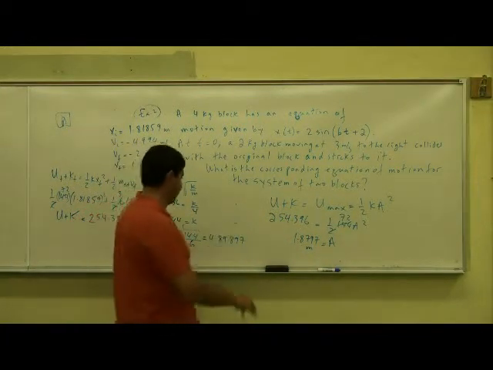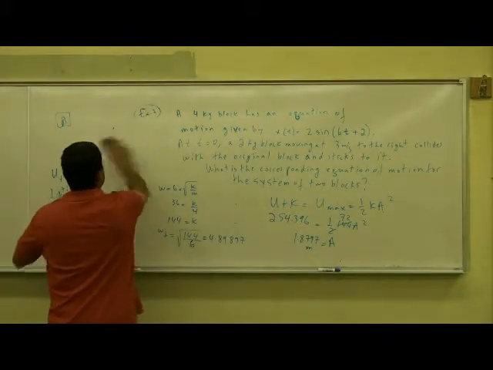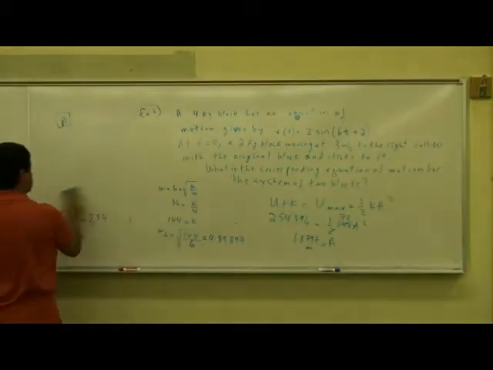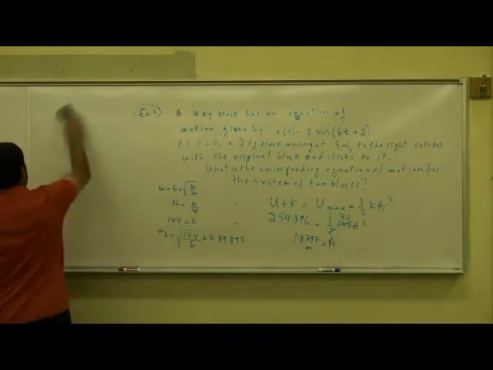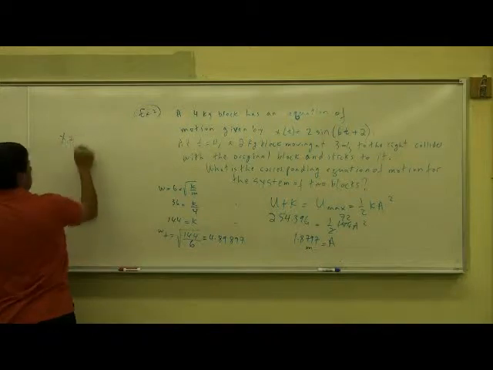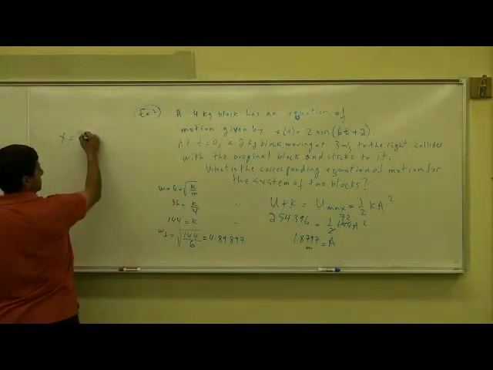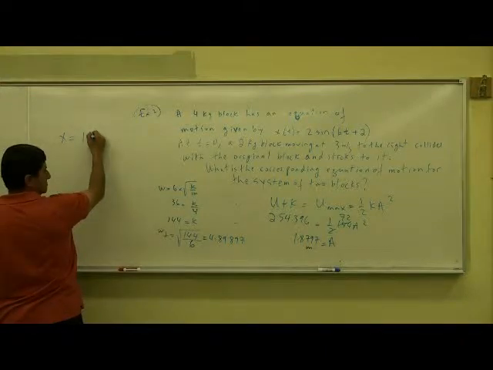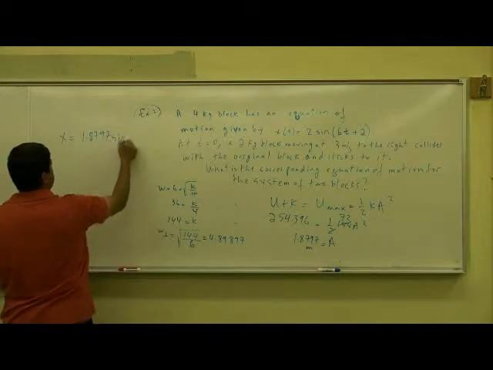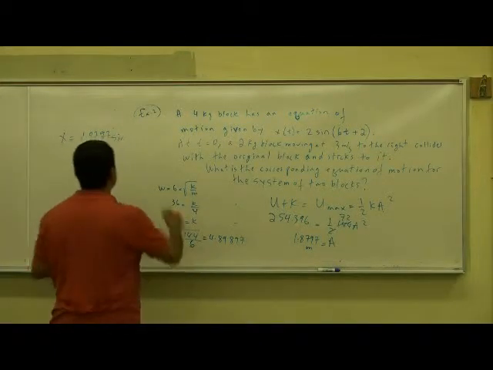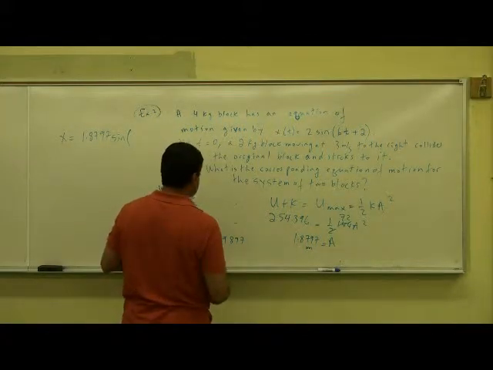Let's see if that makes sense. So the general equation of motion now is going to be what? My x equation is going to change. It's going to equal 1.8797 sine of, right, omega is going to equal what?